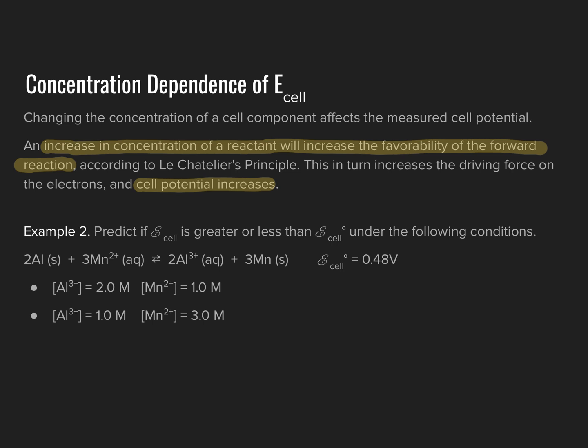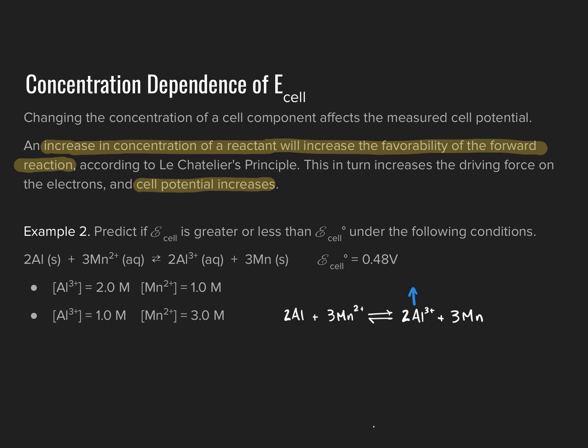Now, the first set of conditions we're going to investigate is: what if the concentration of aluminum, Al3 positive, is 2 molar and the concentration of manganese, Mn2 positive, is 1 molar. Recall, by definition, the standard conditions for aqueous species for all of our thermochemical data is always concentrations of 1 molar, which implies for this system we are increasing the concentration of the product, Al3 positive, to a higher concentration than under standard conditions.